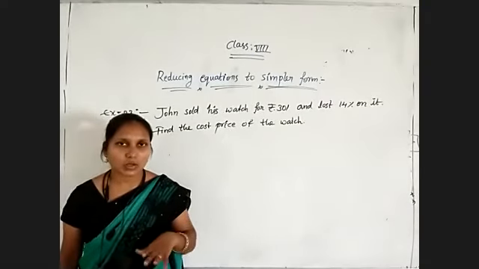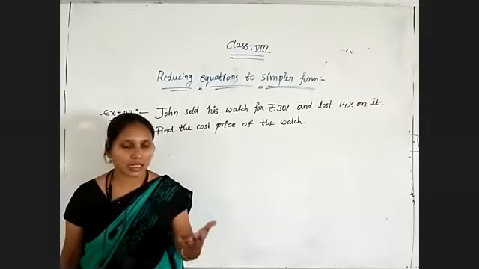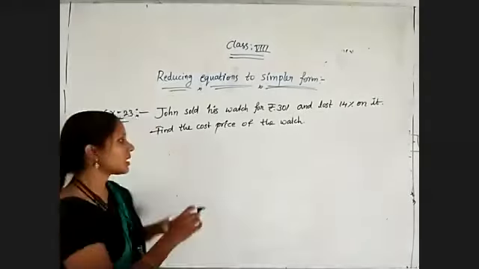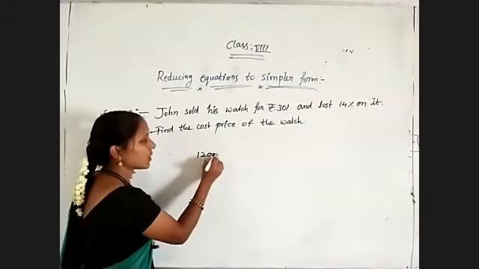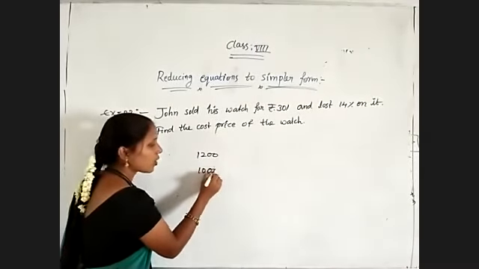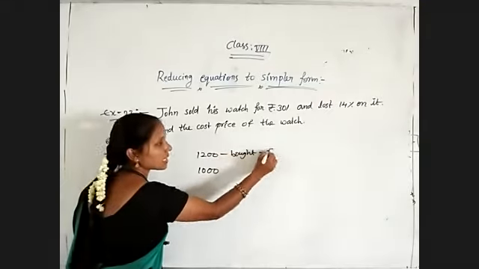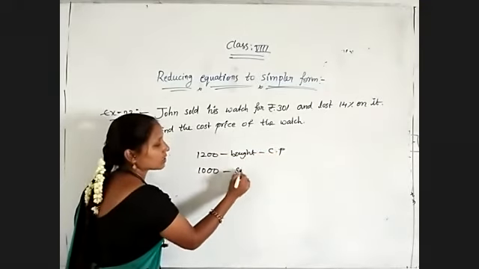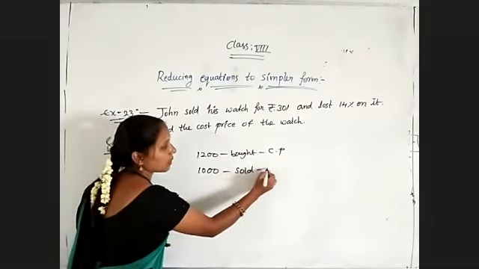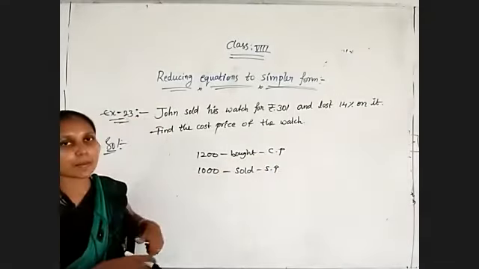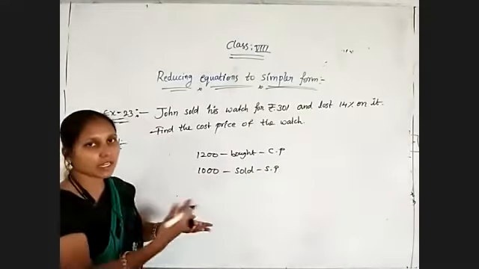And if I sold it for 1000 rupees to another person, that is the selling price. Cost price is the buying amount, selling price is whatever I am getting.